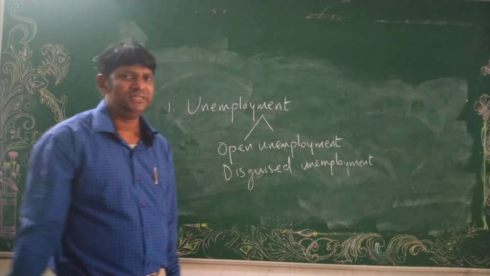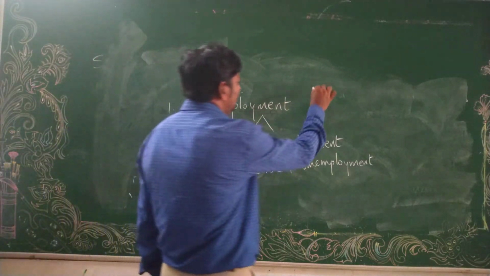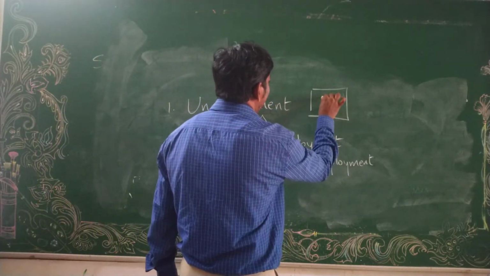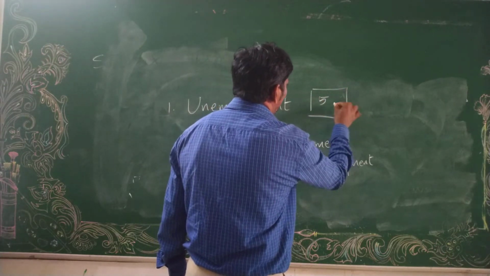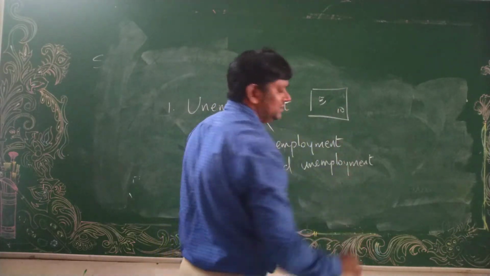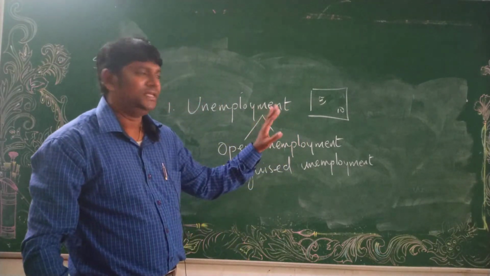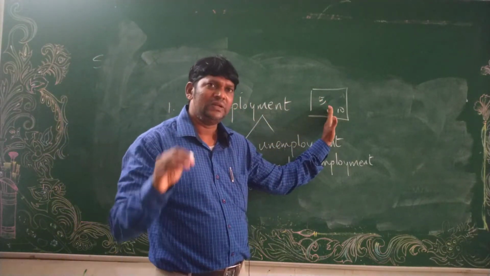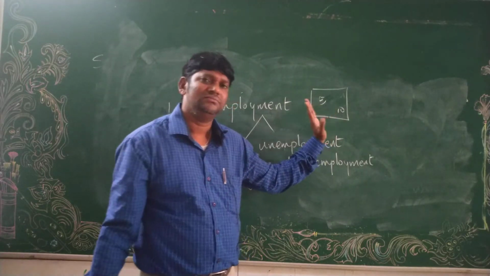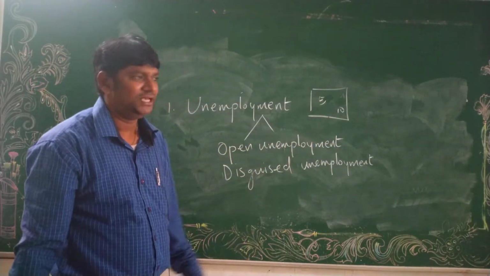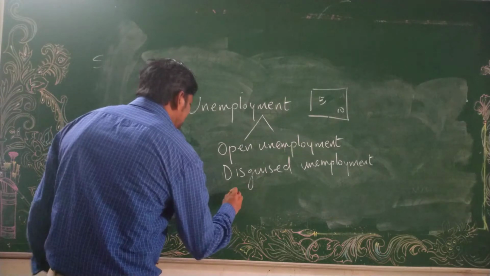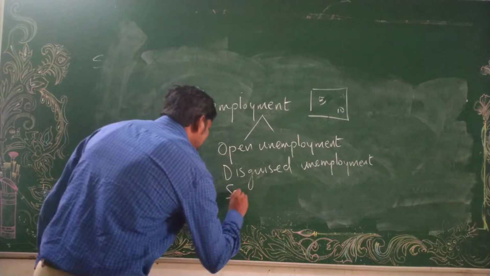That's disguised unemployment. In a field, suppose I need 5 members, but 10 members are working. So 5 are excess here. These 5 excess employees can be removed any time.